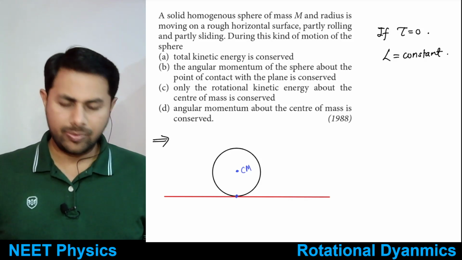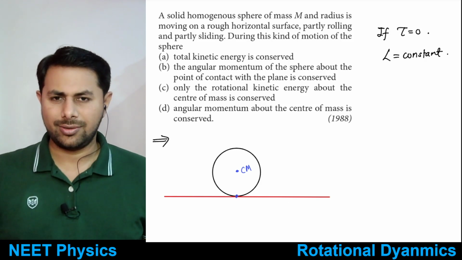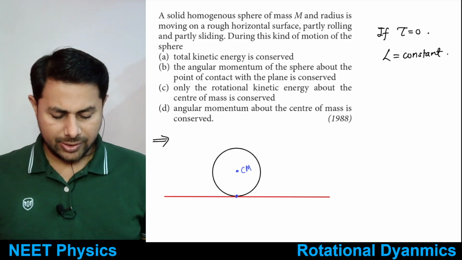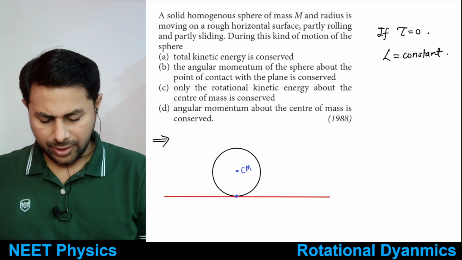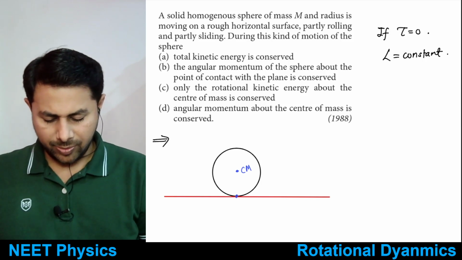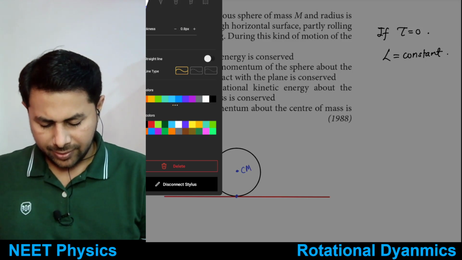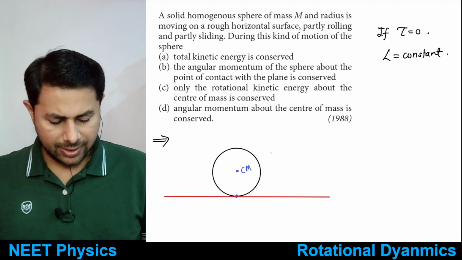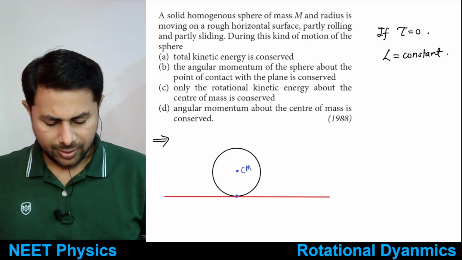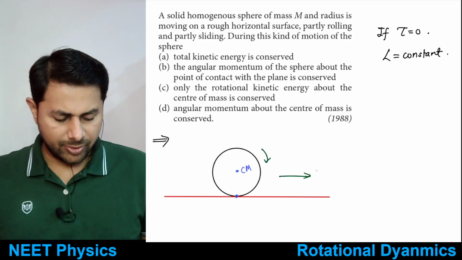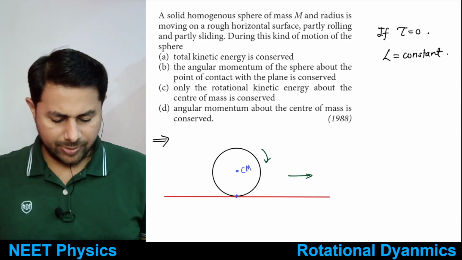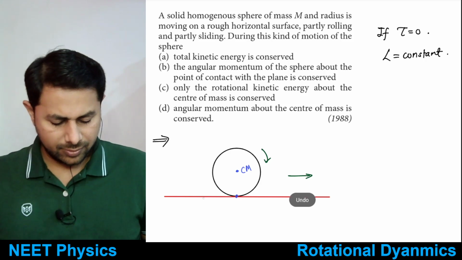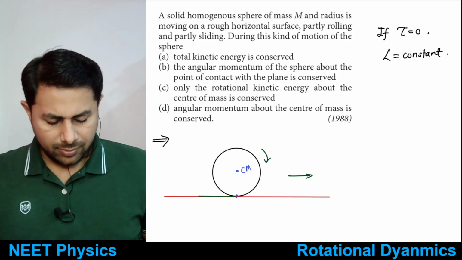So now you think of the forces that are acting, okay, what are the forces acting on this one? So one is the frictional force. In what direction is it acting? So if this body rolls like this and slides in forward direction, that means friction would be acting in backwards direction, right?